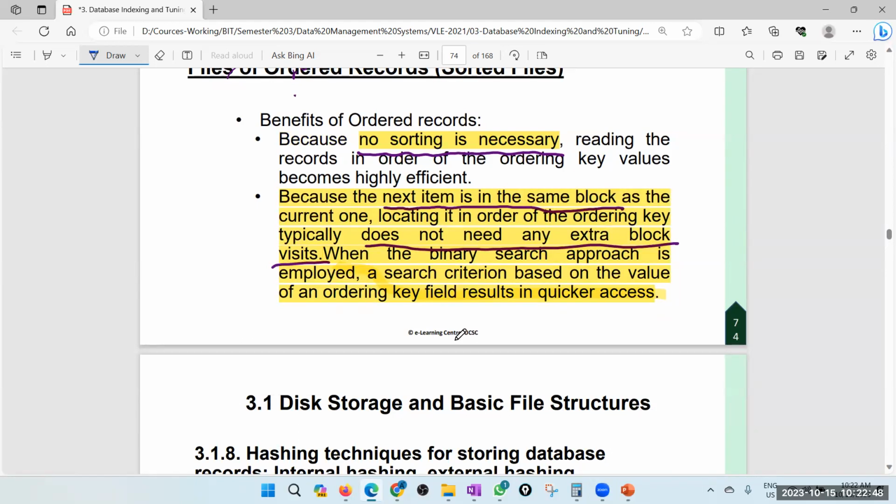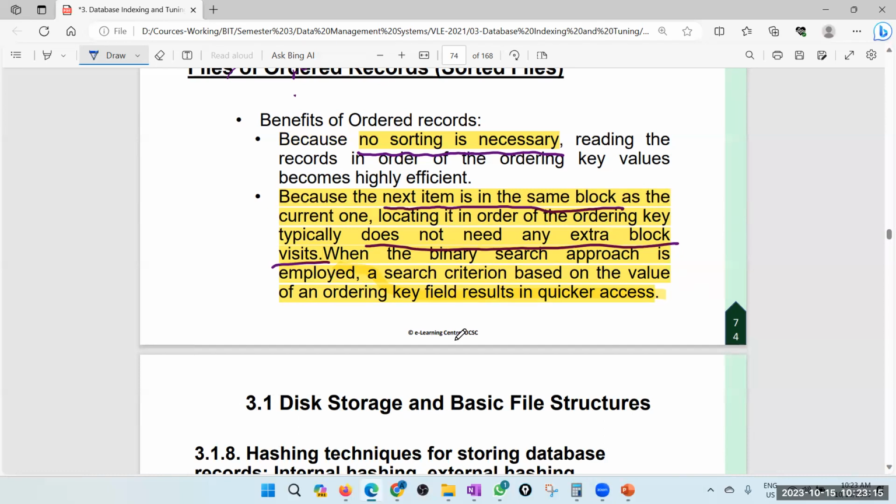Most of the time, all those records are in consecutive blocks because you have sorted by marks. If you are looking for employees of the same department, most of the time, all those employees are in consecutive blocks. Not all, but almost all the time. So it's good for range searches as well.